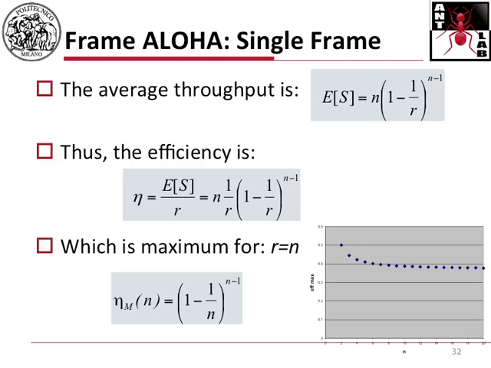However, since we cannot have this ideal condition, the efficiency is given by the ratio of the expected number of successful transmissions in the frame over the R slots in the frame itself. Okay? Which is given by this formula here. Questions? I'm just dividing the formula up there by R again, the frame size, the number of slots.